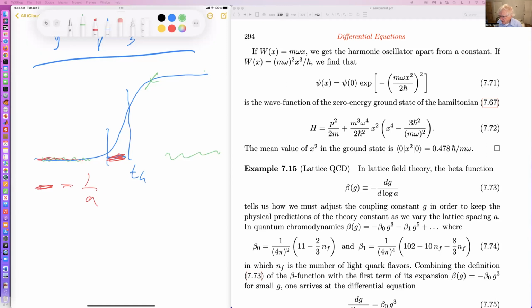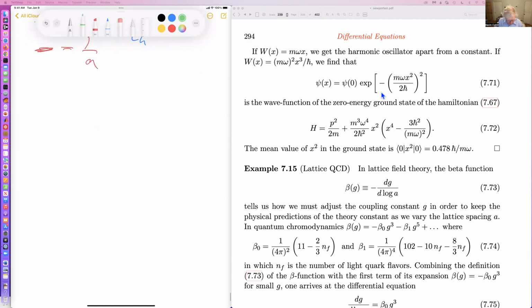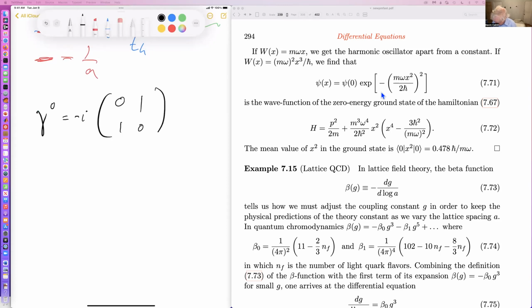Now, to get back to a question here, the gamma looks like a rank 3 tensor. Okay, great question. All right, so let me switch to black. Gamma 0 is minus i times the matrix 0, 1, 1, 0. Gamma vector is minus i times 0, sigma, minus sigma, 0.